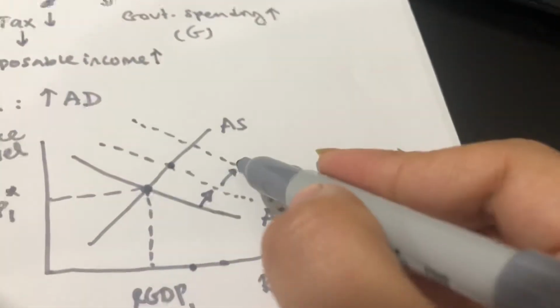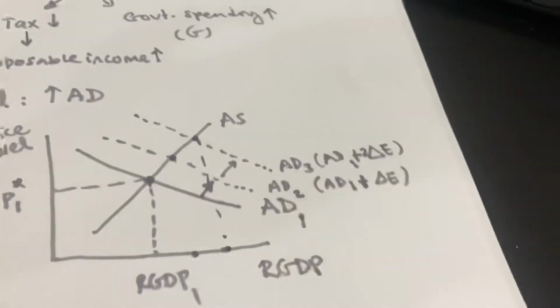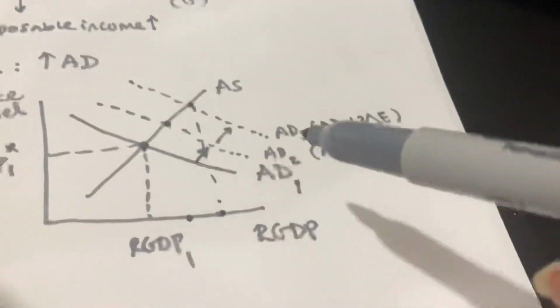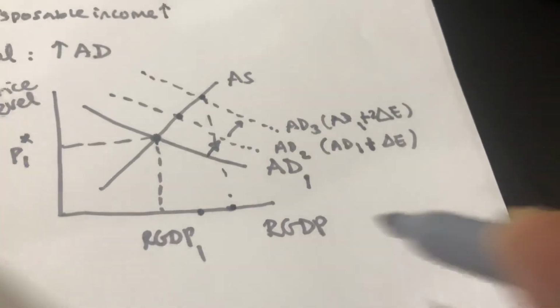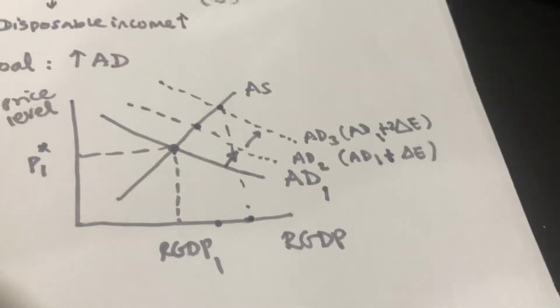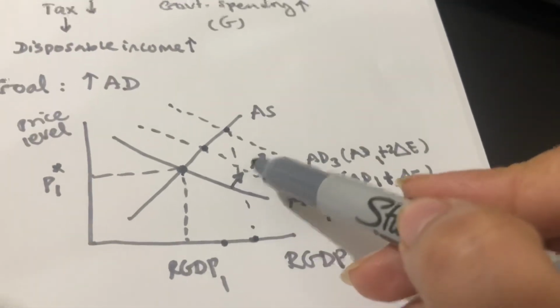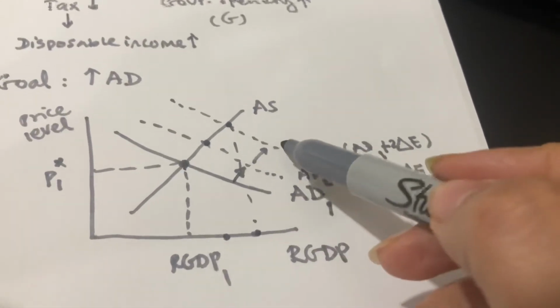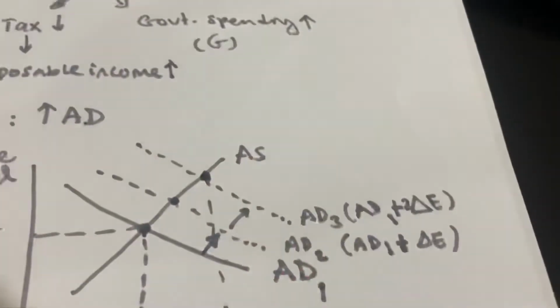And you can think about again, at the new equilibrium, the real GDP is higher than before. So again, people have more income because real GDP is the total income of a country. So they have more money to spend. So aggregate demand again will go up, okay? So aggregate demand is shifting to the right step by step till we are at full employment.